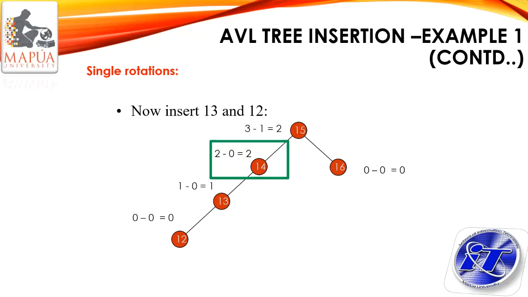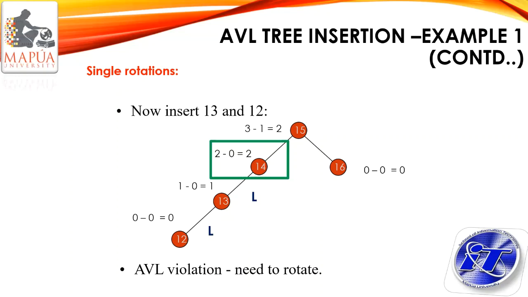Okay, so node 14, let's check what is the source of the issue with node 14. A child is connected on the left side of 14 and a child connected to node 13 on the left side. So therefore we have an LL case. So we need to apply the LL rotation scheme.